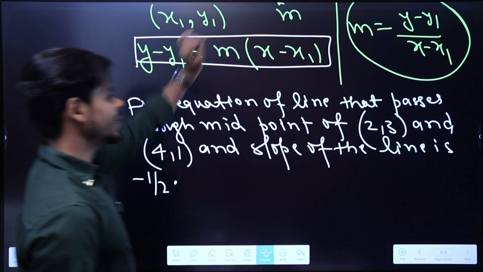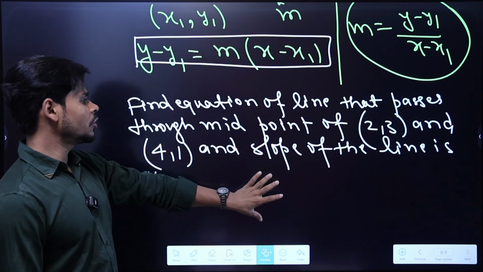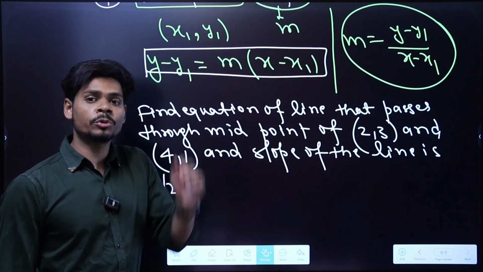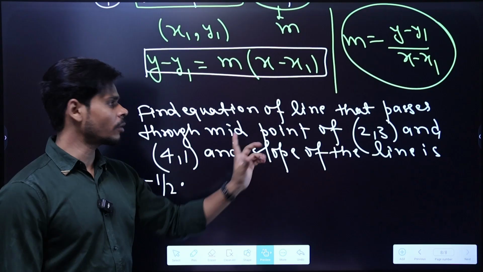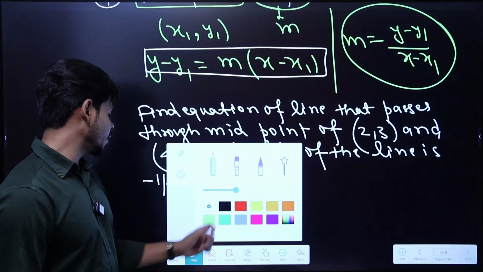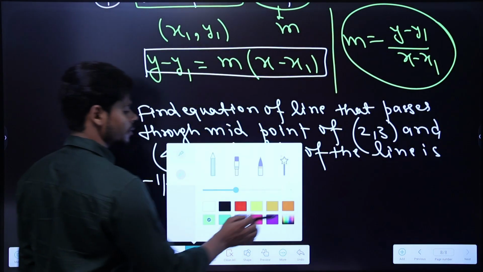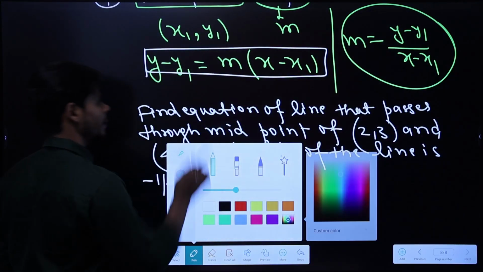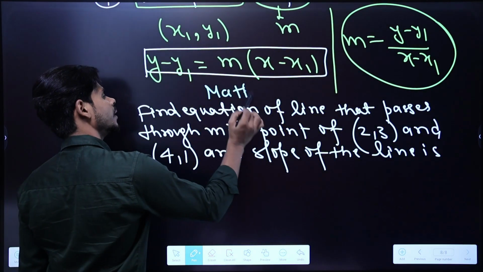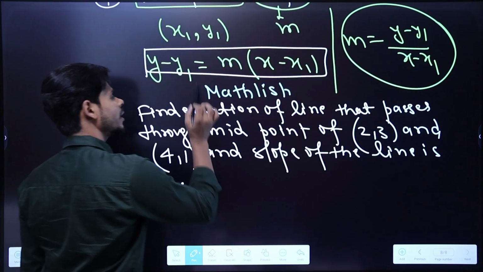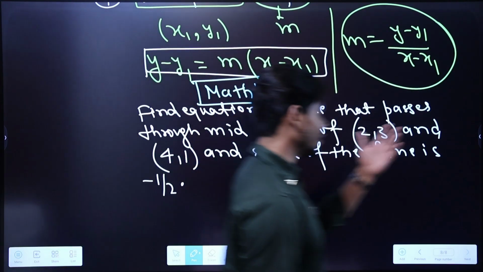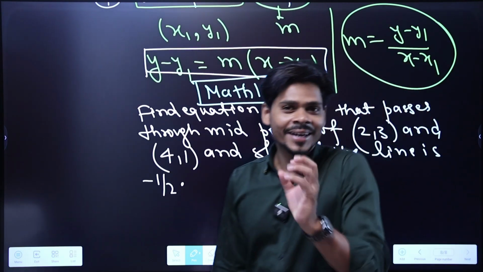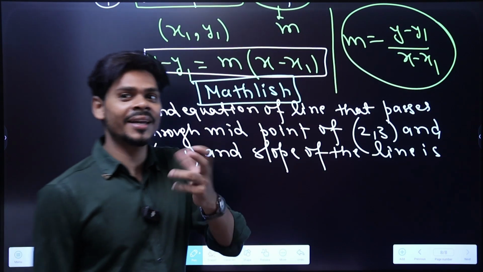You can directly see over here that we are given 2 points, but you have to understand the statement of the question, a word problem basically. This is actually called Mathlese. This is not English, this is Mathlese. This is a little bit different from your English, because in this type of word problem you will see English, but actually it consists of mathematical English, right?